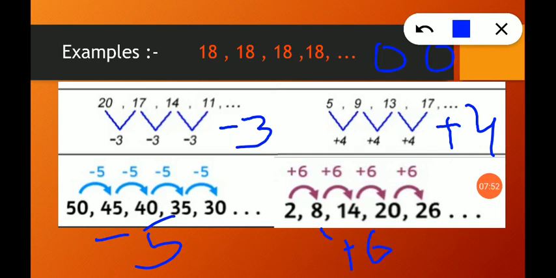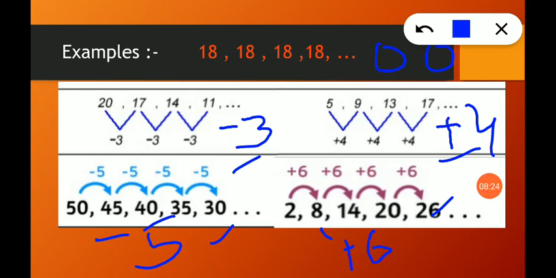So from here you can conclude that we can add any integer to make the AP pattern. To make an AP we can add 0, any positive number, or any negative number. It is not necessary to add positive numbers only so that it keeps on increasing.